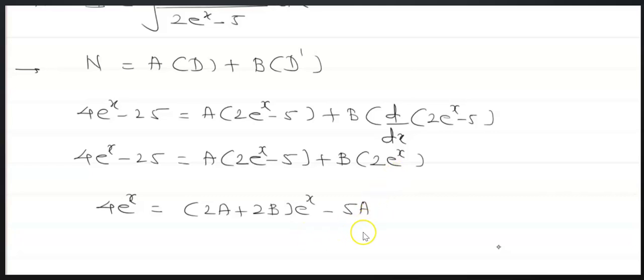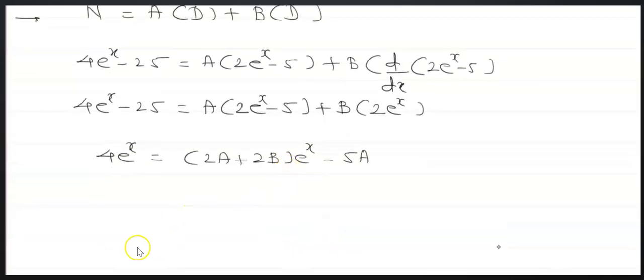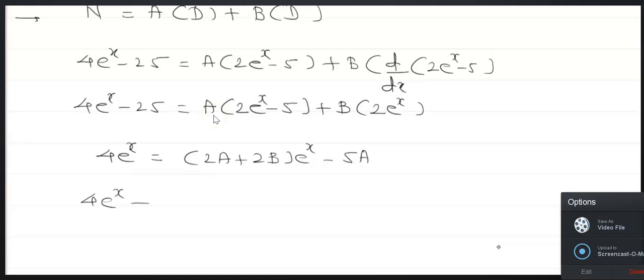Collect the terms of e raised to x. Here the terms of e raised to x are 2a e raised to x and 2b e raised to x. Collecting the e raised to x, that is 2a plus 2b into e raised to x minus 5a. Therefore comparing e raised to x, 2a plus 2b is equals to 4. Therefore a plus b is equals to 2.